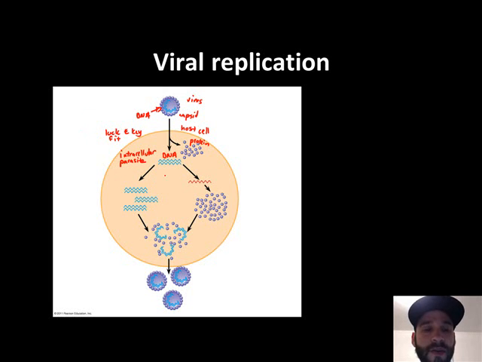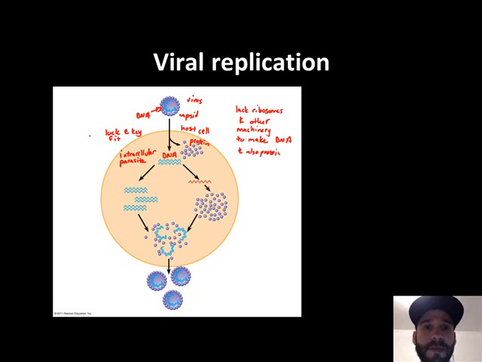What it really needs is the machinery of the cell to make copies of itself, because viruses lack ribosomes and the other machinery to make DNA copies and also protein. So in essence, the virus is going to hijack this cell.